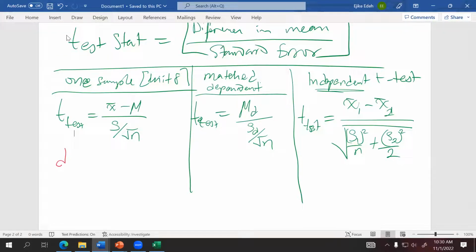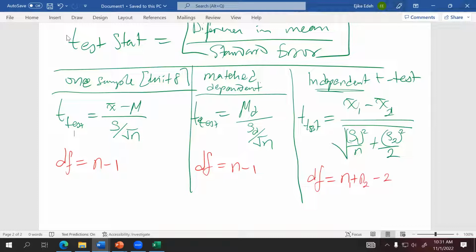The degree of freedom for one sample case is n-1. Hope you recall that. The degree of freedom for matched pair, because they are matched, is also n-1. But the degree of freedom for the independent pair, because there are 2 of them, not matched, they are separate, you just add the 2 groups and subtract 2.